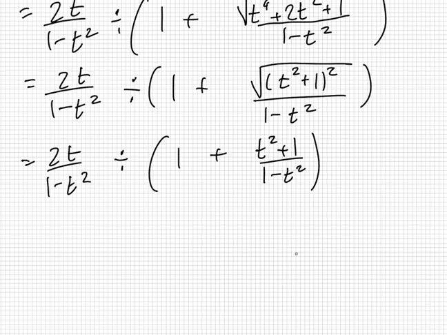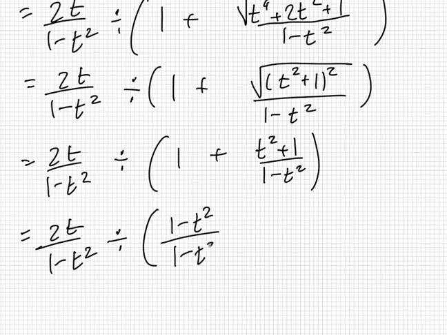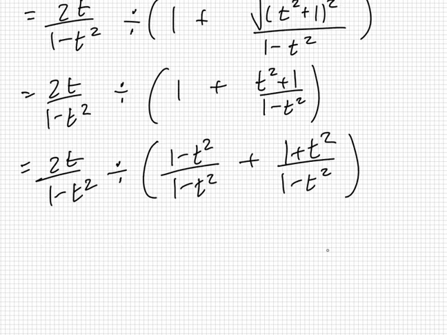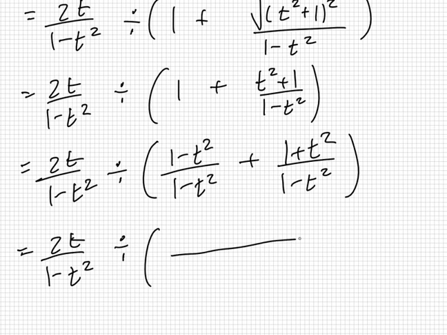So you see it's starting to simplify now. 2t over 1 minus t squared divided by 1 minus t squared over 1 minus t squared plus 1 plus t squared over 1 minus t squared. So they can go together. 1 minus t squared plus 1 plus t squared.